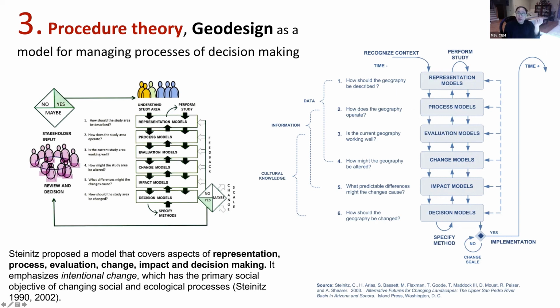And how do we look into the process model to understand how the environment function and how to evaluate the performance of that environment, and how do we change it, how do we design for that by transforming the site and the environment to be better, and to understand the impact of your design, your alternative proposal for making decision. So that is the model proposed by Carl Steinitz to look at how we form a project.